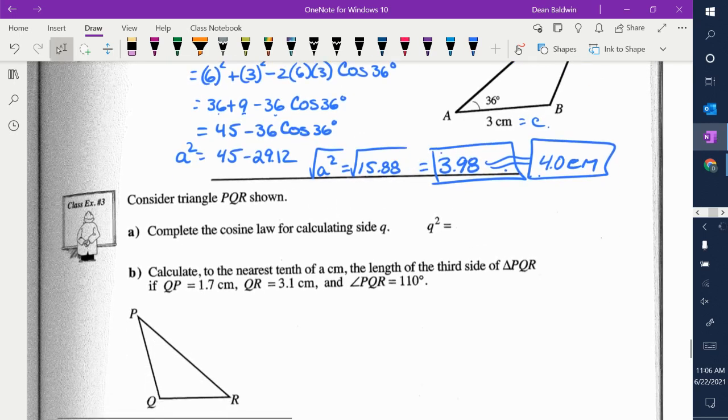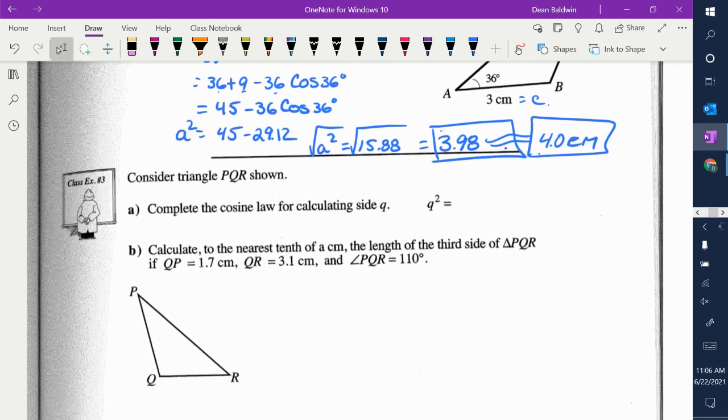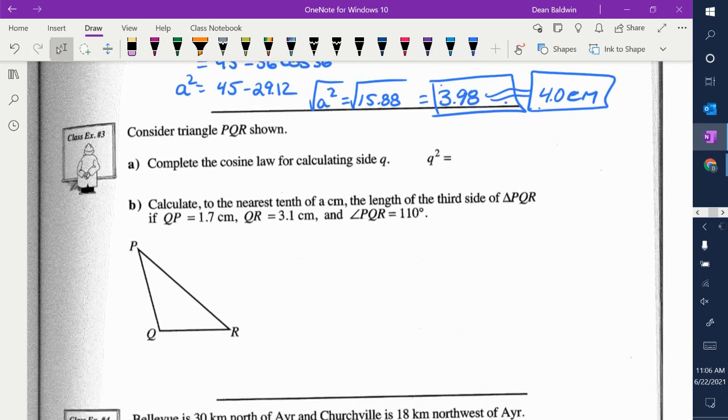Okay, so this is a good example of one that you will see where you have to rewrite it. You don't have to, but I always do. So they give us a triangle, they label it PQR. Let's label everything that they give us. They tell us triangle PQR, QP is 1.7. So the distance between Q and P is 1.7.